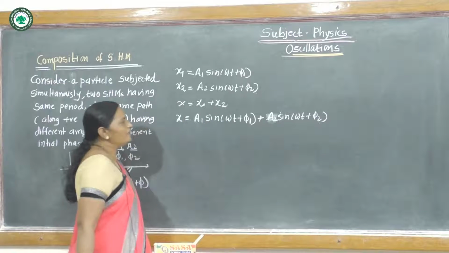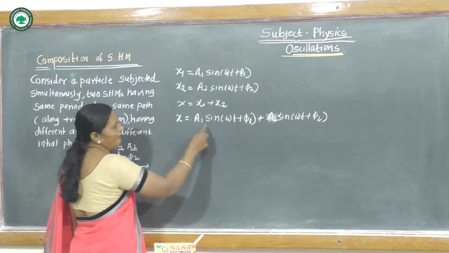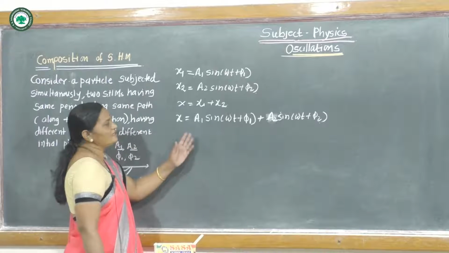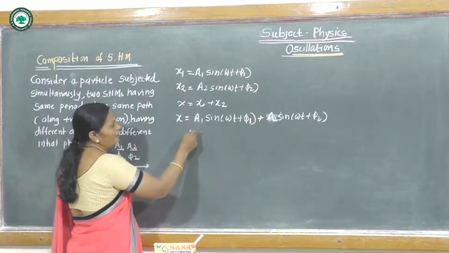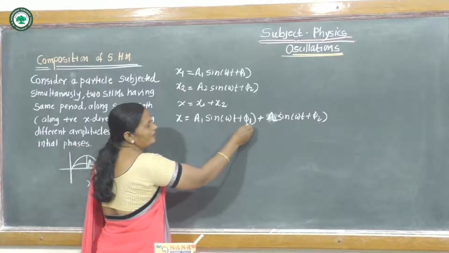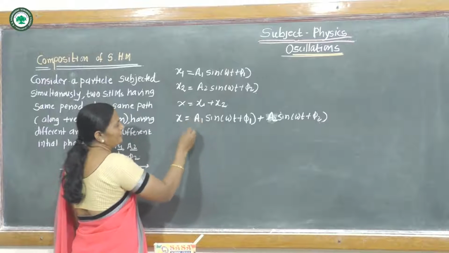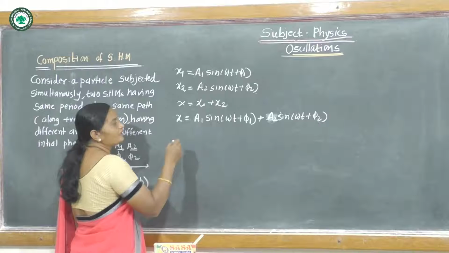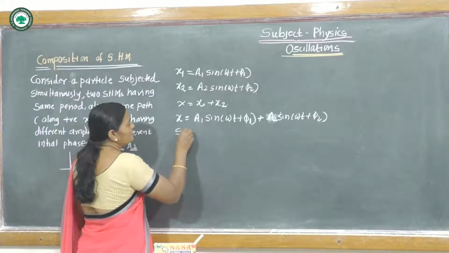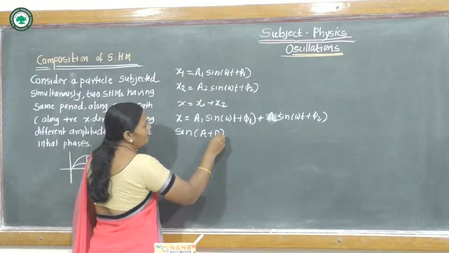They have different amplitudes and different initial phases, and the same period, traveling along the same direction. This is the sine function, this is omega t, this is the initial phase, and this is the amplitude. Now we use the trigonometric relation for sin(A plus B).